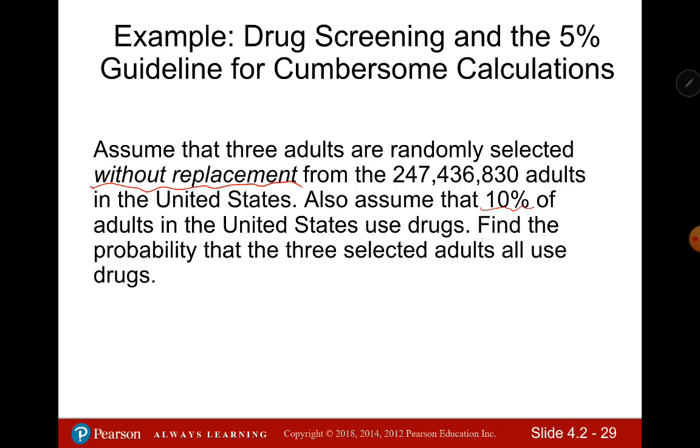We want to find the probability that 3 selected adults all use drugs. That means we first select one who uses drugs, and the second one uses drugs, and the third one uses drugs. So here, what is the size of our sample? It's just 3. We only need to pick 3 adults.